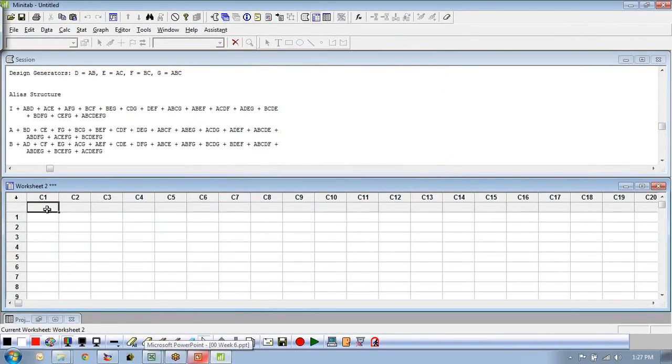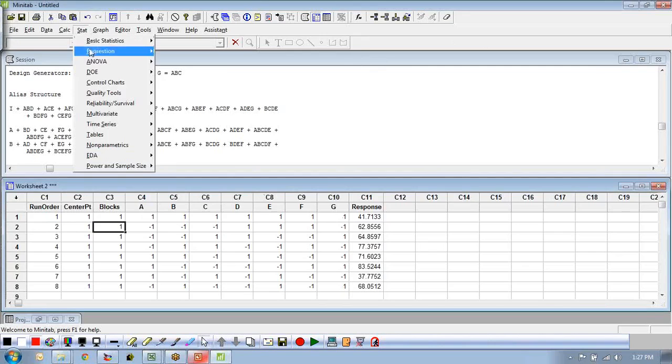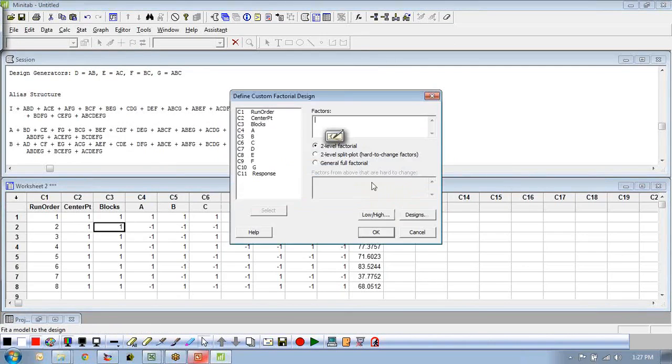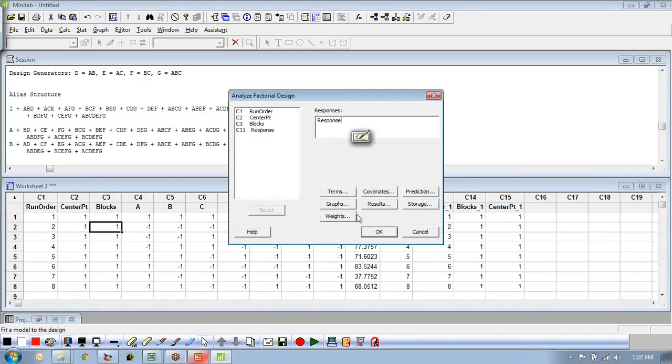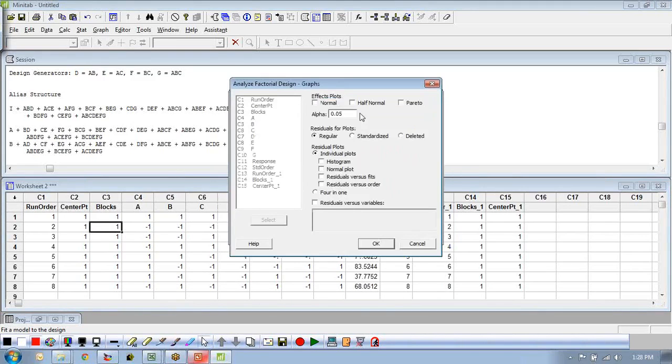You'll see it gets analyzed exactly the same. Okay, Stat, DOE, Factorial, Analyze Factorial Design. Same old here. Let's keep them all in there.